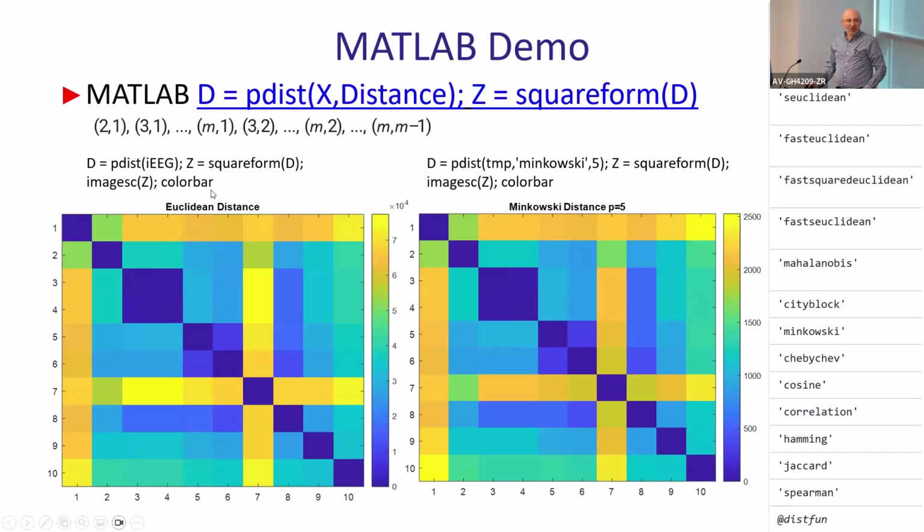So imagesc will give you a colorful representation of that matrix, okay? And this is the color bar, which will tell you what numbers the colors are coding in that type of matrix. For example, clearly you can see that 0 is dark blue, and all of the main diagonal are zeros by definition again. But some vectors are more correlated than others.